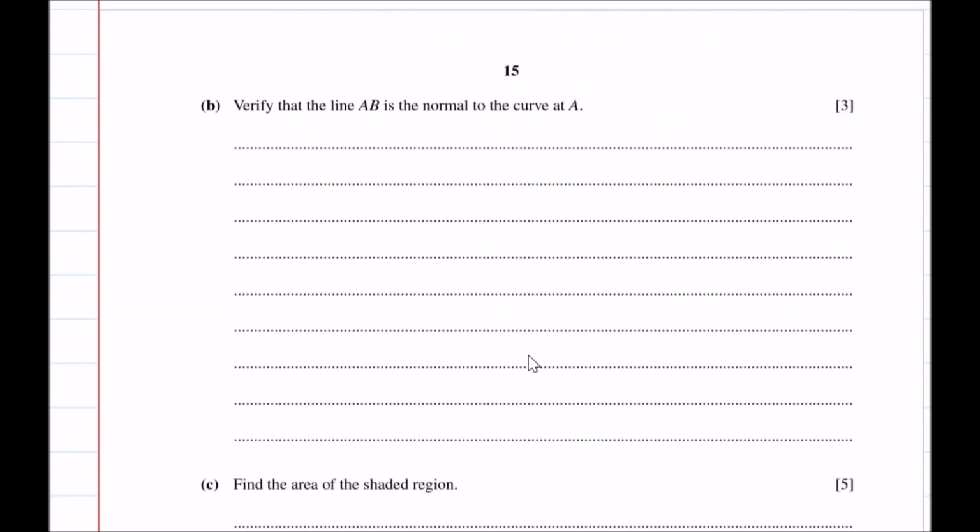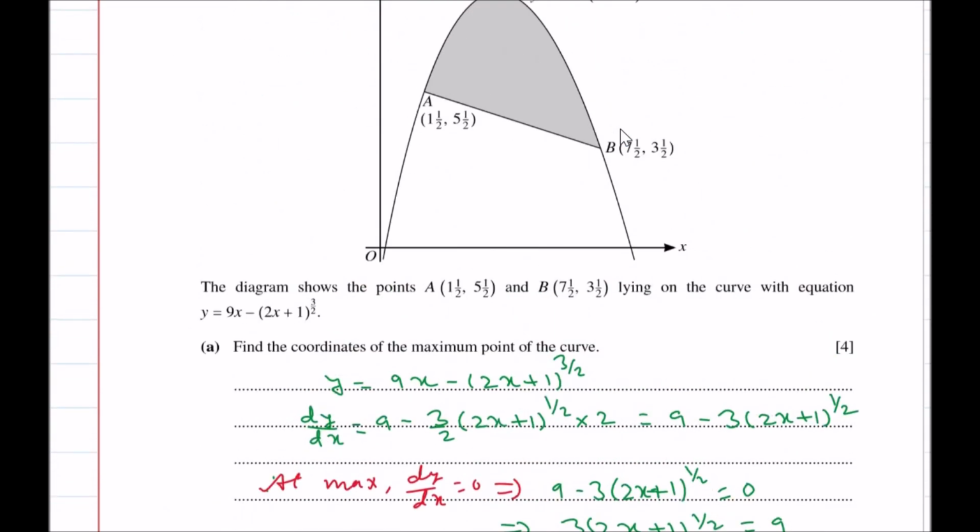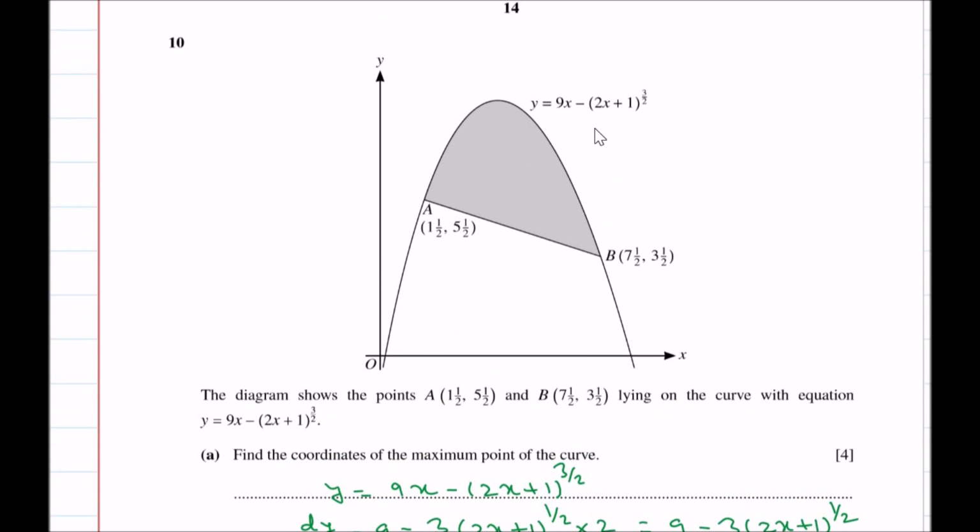Verify that line AB is the normal to the curve at A. See, normal to the curve at A means when we draw a tangent at A, that should be perpendicular to the line AB. It says, verify that the line AB is normal to the curve at A. You can see here in the diagram.